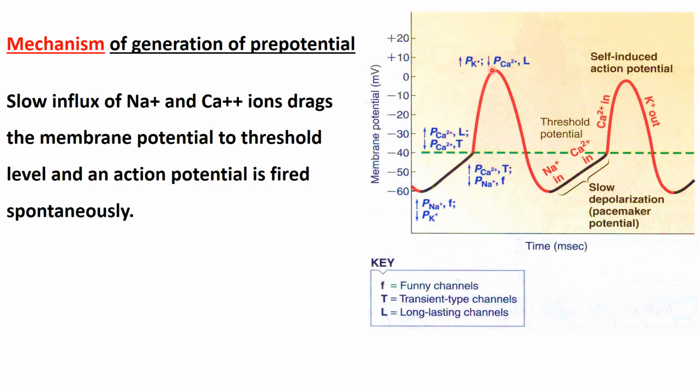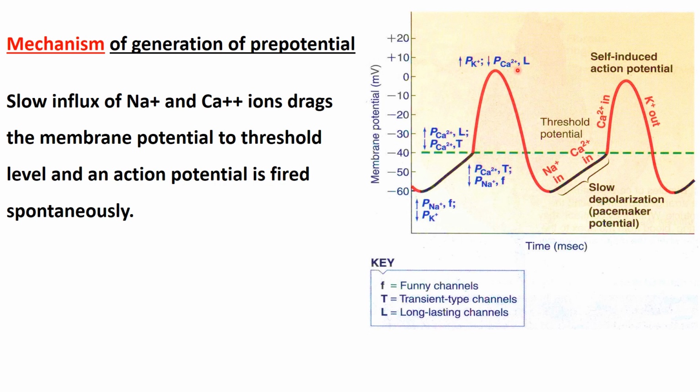Yes, they open up when a little positivity has been generated, that is, when the membrane potential is above zero. It has to reach a little above zero. A little positivity is required to let these voltage-gated potassium channels open up, which will then produce repolarization.